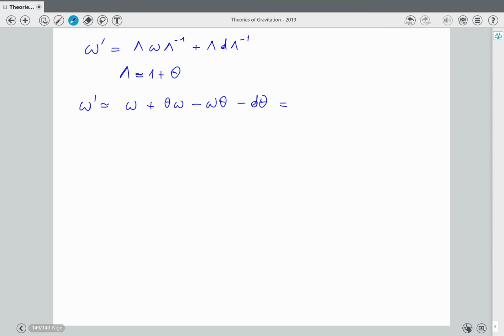Well, you can check that this is just the covariant derivative of theta.